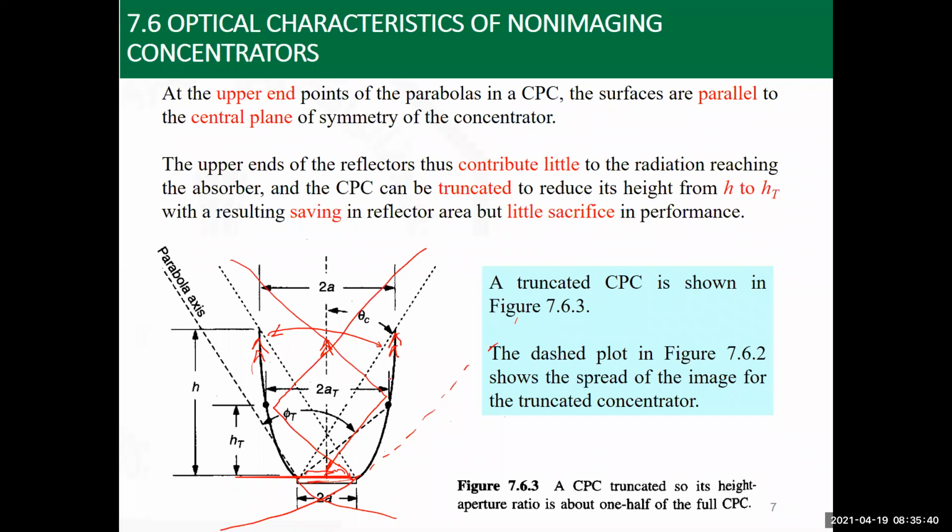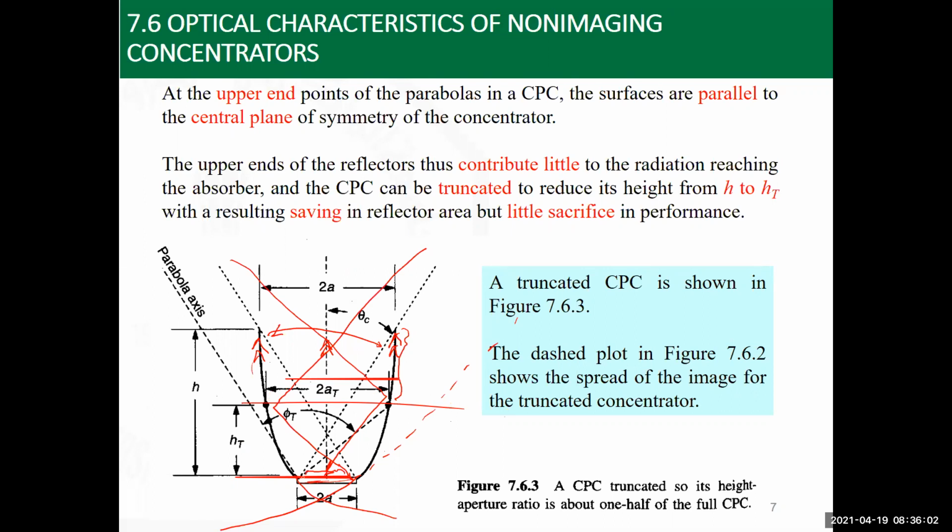That's why they thought that maybe they can save material and cut this part off, so that the height of the collector could end here at HT, and the T here stands for truncating. So you are truncating part of the material out so that you can save the material.